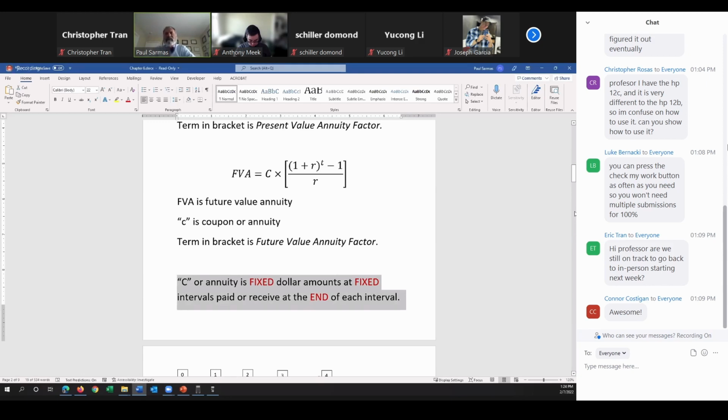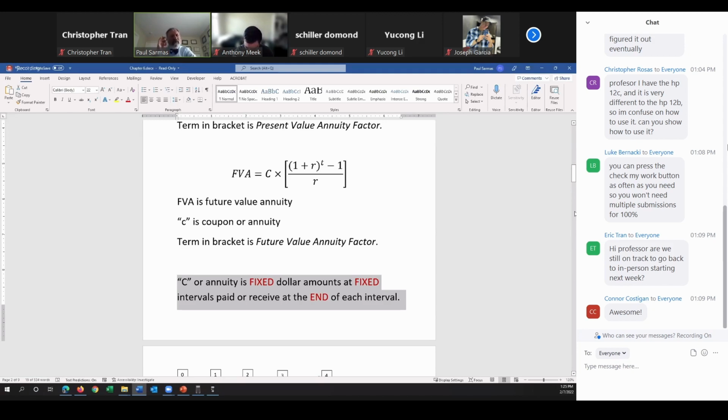Annuity, which is represented by letter C in the formula, is a fixed dollar amount at fixed interval, $100 per year, paid or received at the end of each interval.